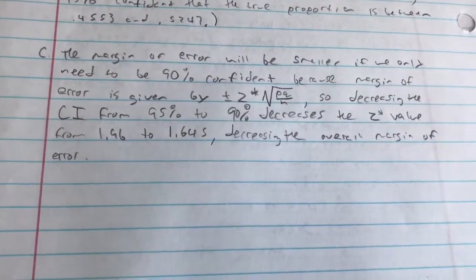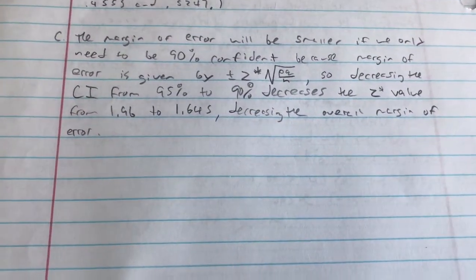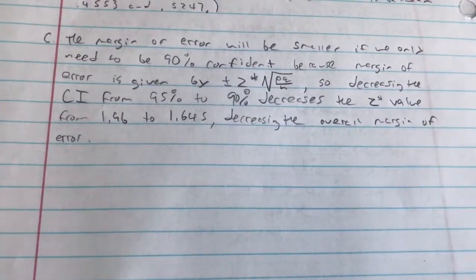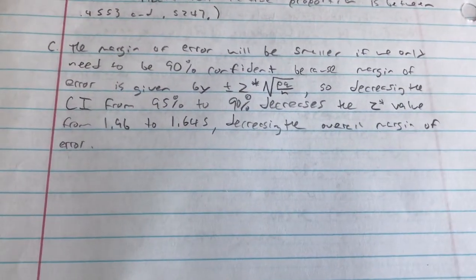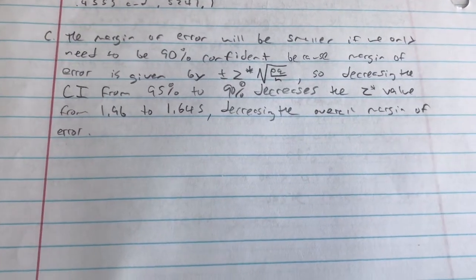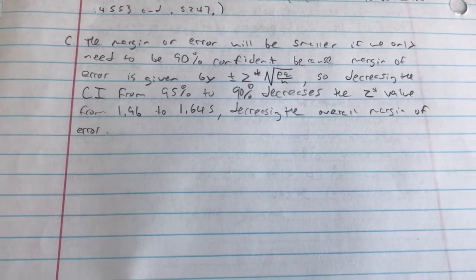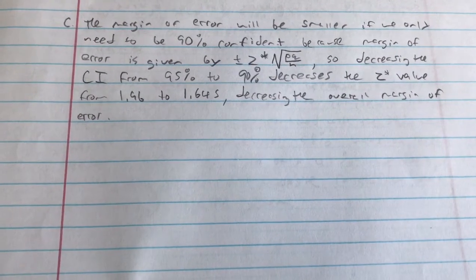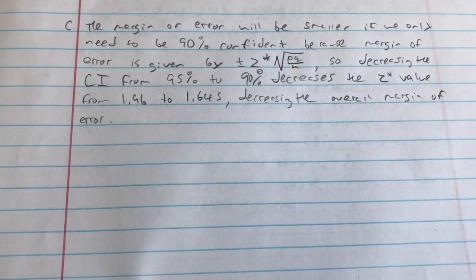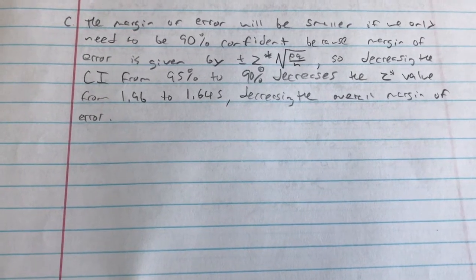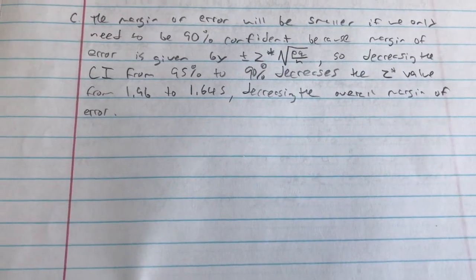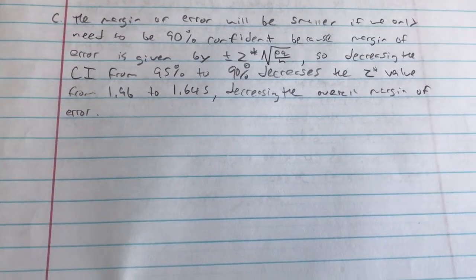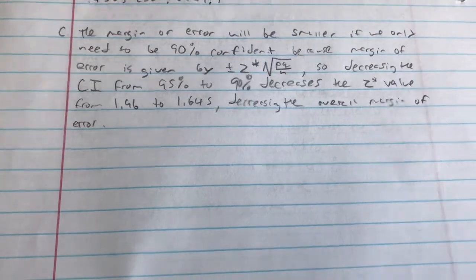So your overall margin of error is going to go down if that's the only thing that's changing. That also makes sense conceptually, because if you don't need to be as confident, you can have a little more leeway and therefore a smaller margin of error. You can be more sure that what you are sure about is a smaller amount, if that makes sense.